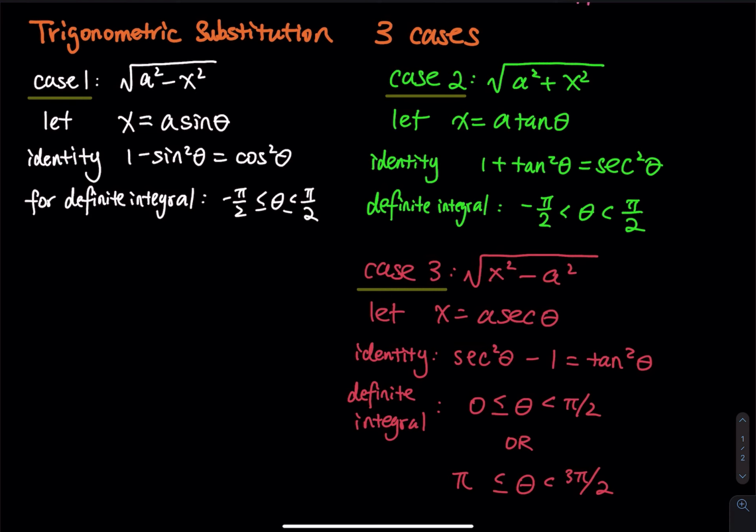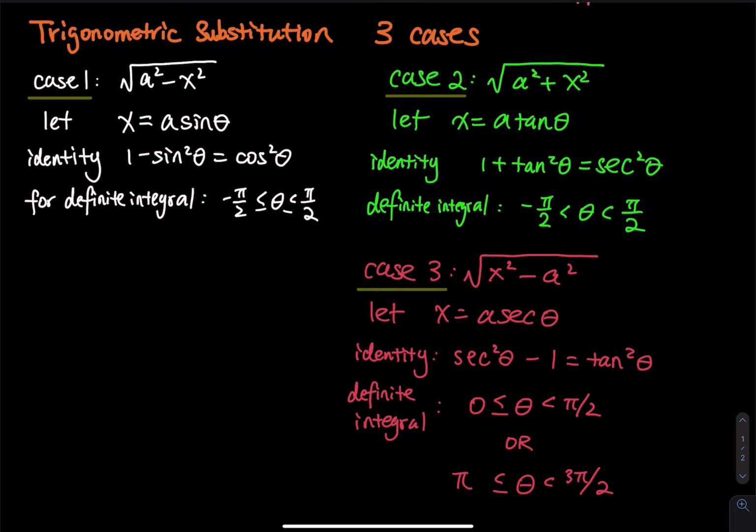They will just give you a dx, and you will see x in the integrand. So the first step is to do a substitution. You let x equal a times tangent theta, secant theta, sine theta, whatever that is. The purpose of the substitution is to change the variable, from x to theta.